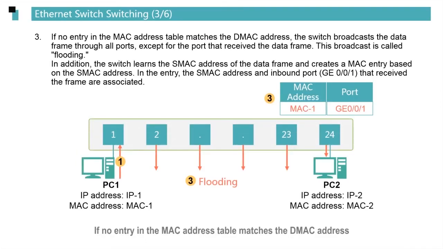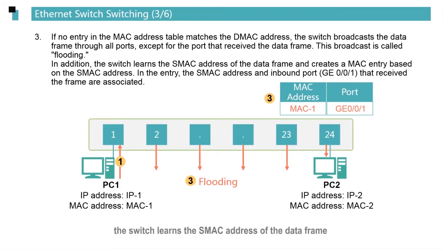If no entry in the MAC address table matches the DMAC address, the switch broadcasts the data frame through all ports except for the port that received the data frame. This broadcast is called flooding.